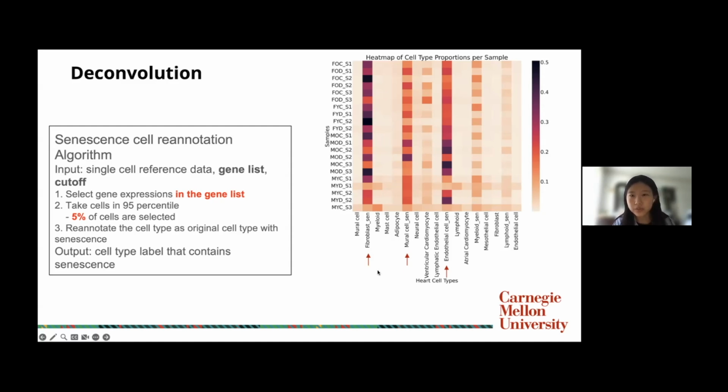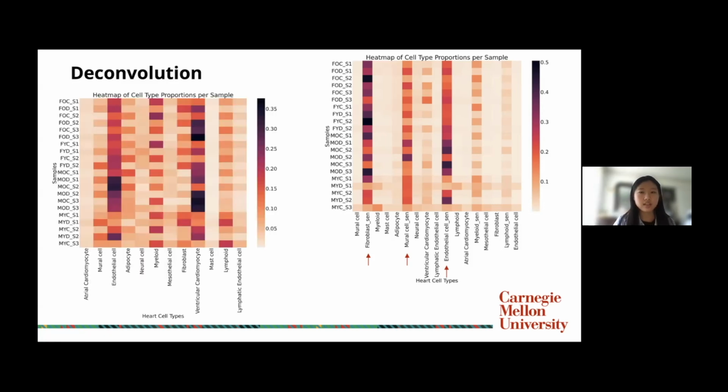On the right, we see a heat map of our cell type proportions with our senescence reannotations. The fibroblast senescence, mural cell senescence, and endothelial cell senescence had the highest proportions. And here's a comparison of our senescence reannotated deconvolution compared to our original cell type deconvolution.